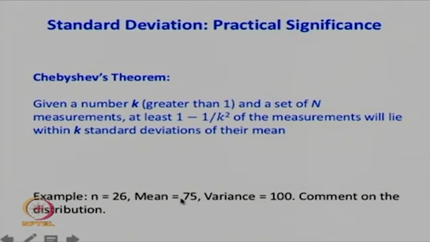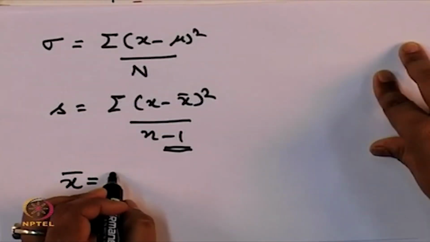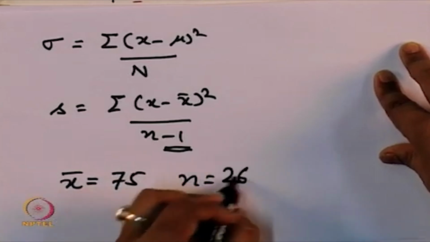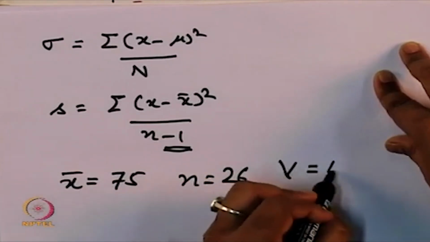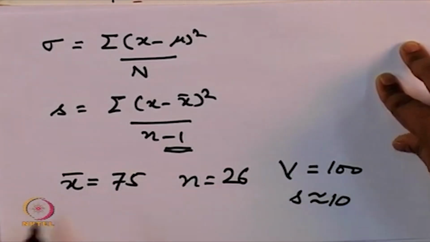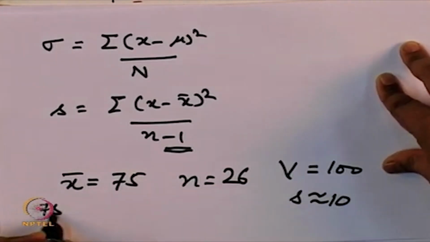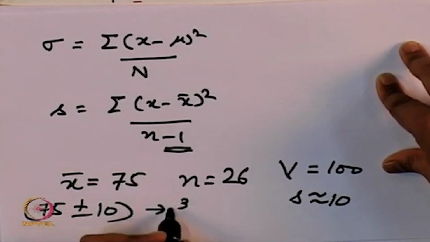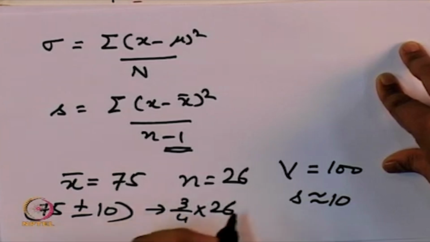So, as an example, you have n equal to 26, mean is 75, variance is 100. So, in this case, x bar is equal to 75, n is equal to 26, variance is equal to 100. So, I can roughly calculate S is approximately equal to 10, right. So, within 75 plus minus 10, you have 3/4 of the population, right.